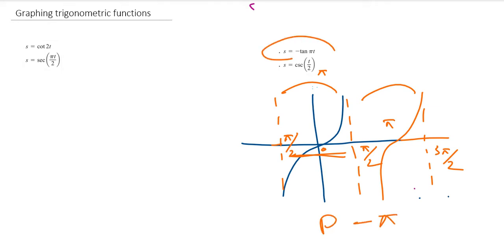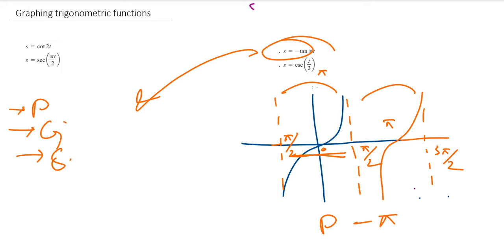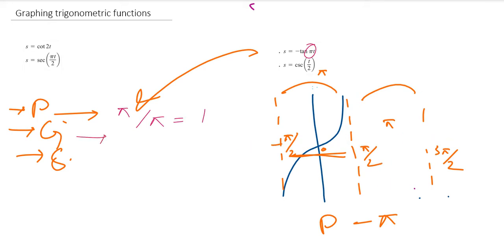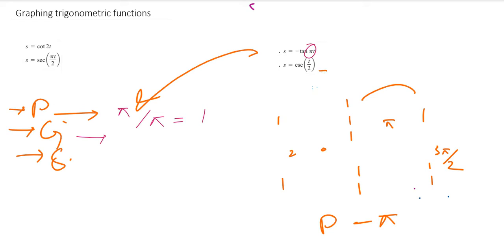So we have to check the period according to this. Again, we need to do 3 steps: finding the period, the graph, and the symmetries if we do have any. So the period will be pi over pi. Over here you can see the value of b is pi, so we can say that the period is 1. We have to draw the graph according to this period. Let me just erase all this.